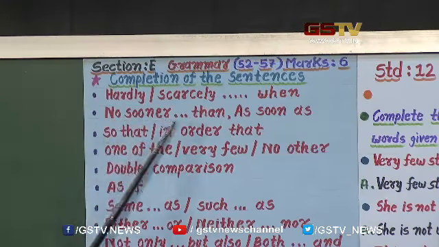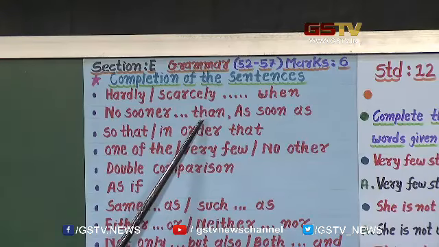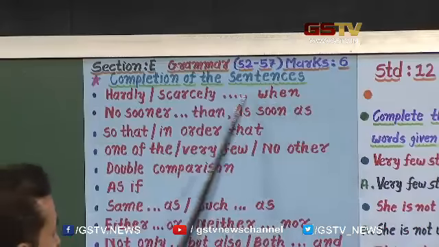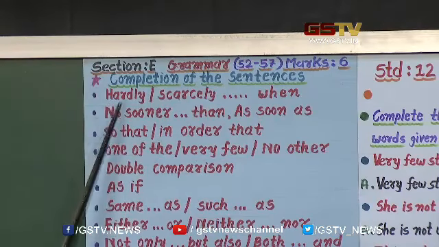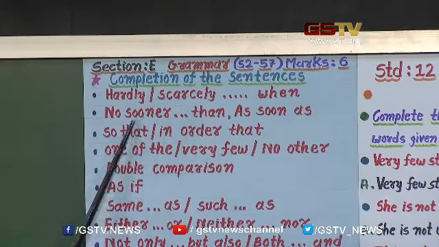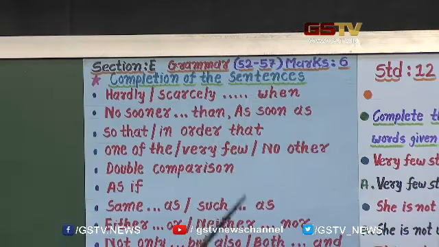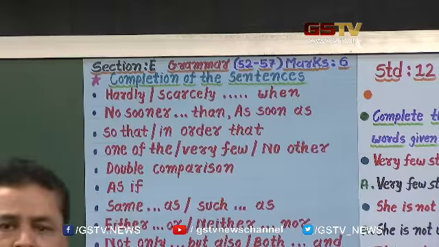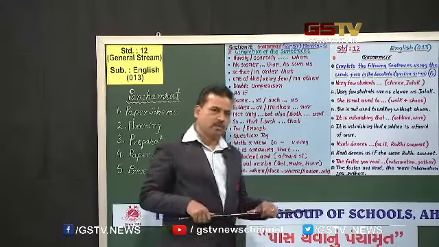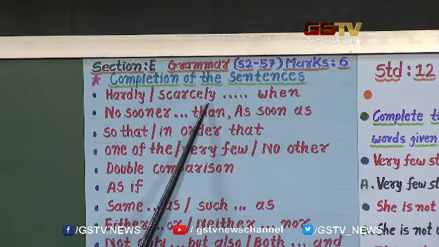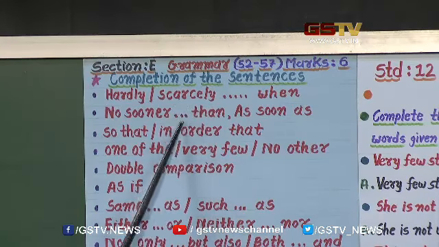No sooner than, the conjunction is than, and in as soon as we use comma. These two structures, hardly, barely, scarcely, no sooner, as soon as, we can call adverb clause of time, and out of these I assure you, you will get at least one sentence in board examination.